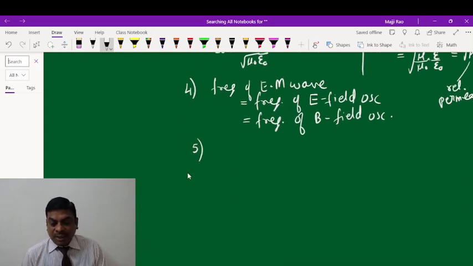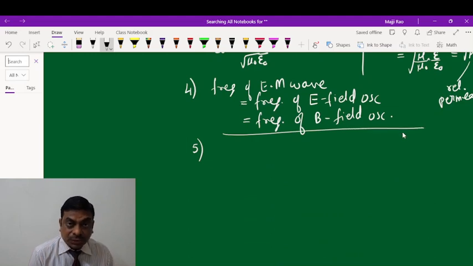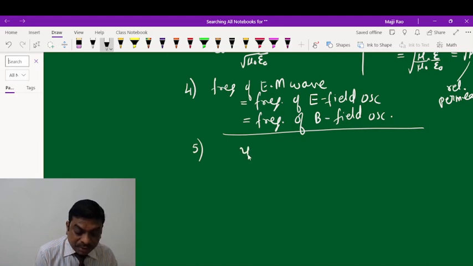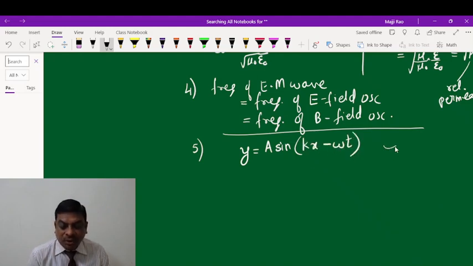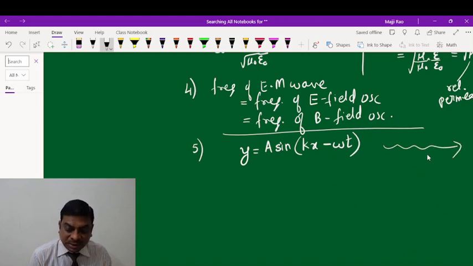Then, as we know, for any wave, particularly a sinusoidal wave, we can express it like this: the displacement is equal to amplitude into sine of kx minus omega t, if it is going along the positive x-axis. Okay, students.